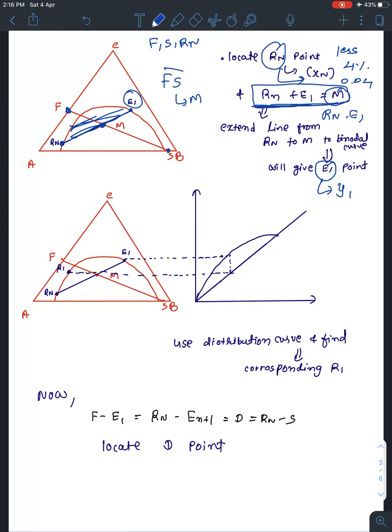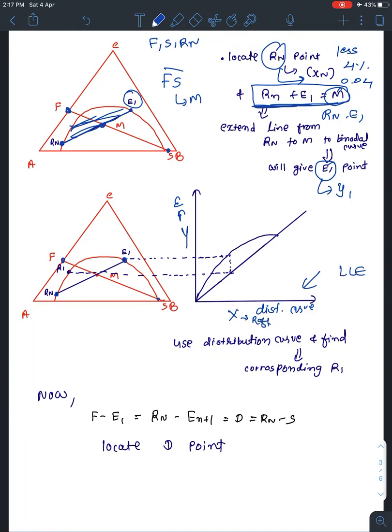Now again I'll repeat, we have F, E1, Rn as data available with me. Now if you remember, if we have this data and we have this distribution curve, which is nothing but y versus x, that is, amount in extract versus amount in raffinate, which is available in the LLE data.